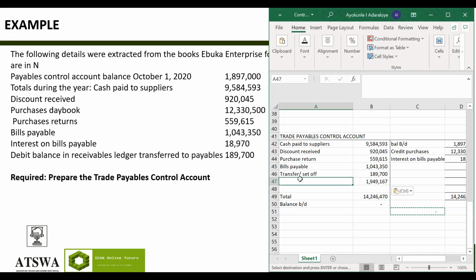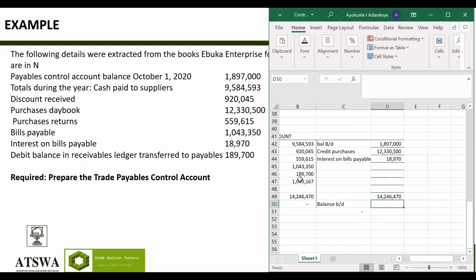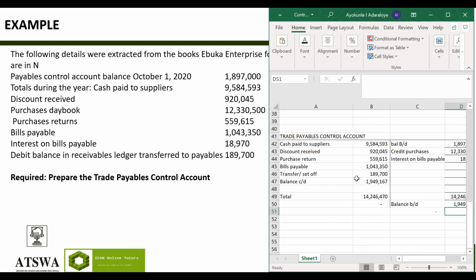So this will be our balance carried down, and our balance brought down will be on this credit side, and it will be this amount. This is your payables control account. Let's move on.